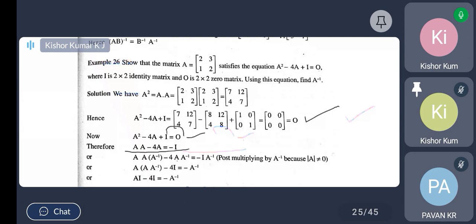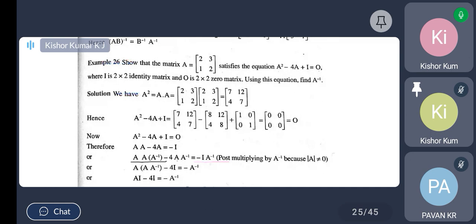And after this, I am going to multiply by A inverse. I am going to multiply A inverse throughout the equation, both in LHS and RHS. Now you can observe for each term, we will get A into A into A inverse, minus 4A into A inverse, that is equal to minus I into A inverse.